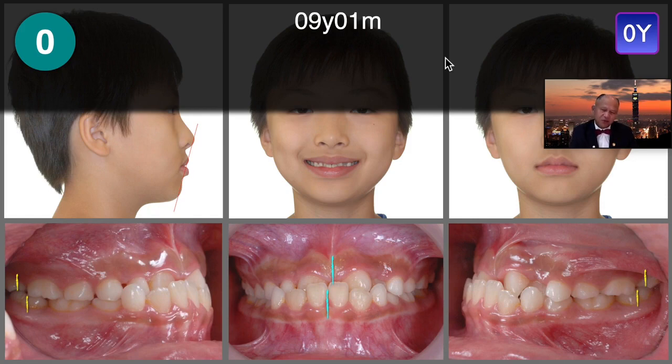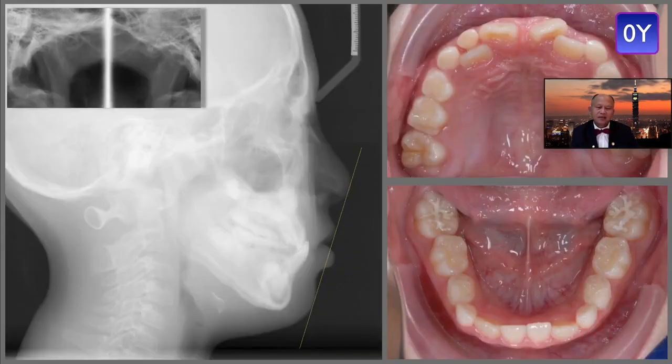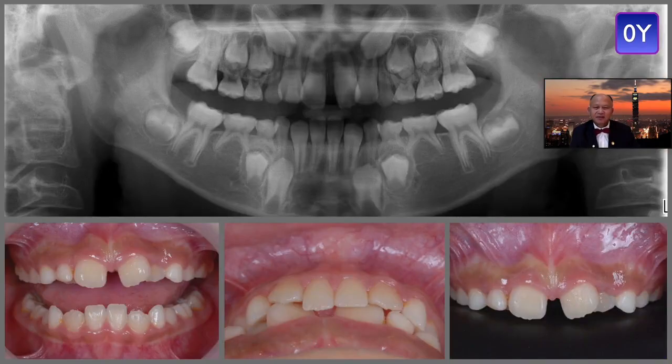It's an anterior crossbite and deep bite. How would you fix this young man? It's Class 3, anterior crossbite, with a protrusive lower lip, of course, because of the anterior crossbite. What would be your treatment plan when you saw a young boy like this?